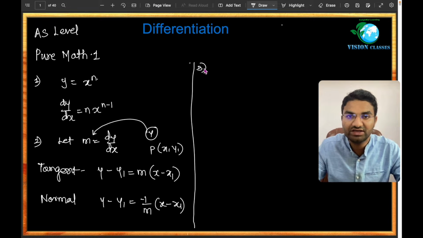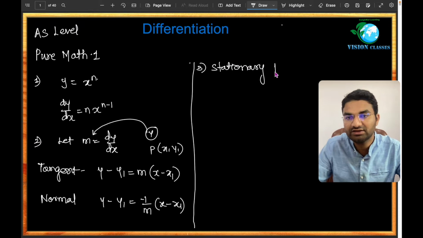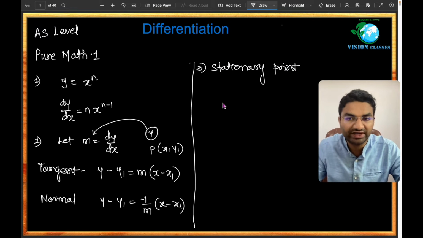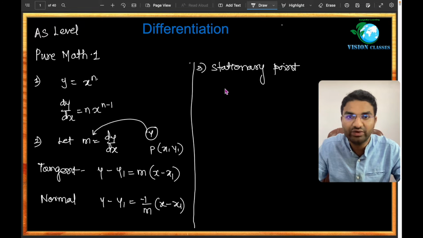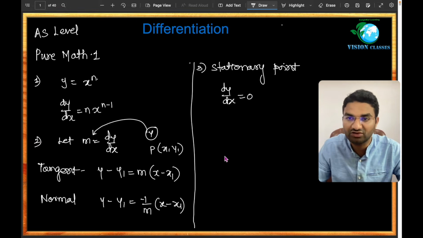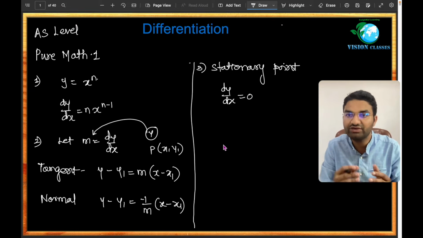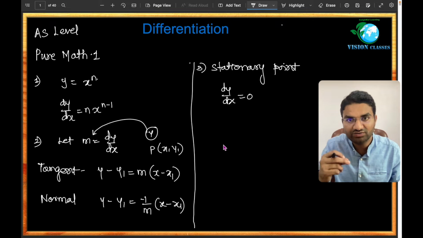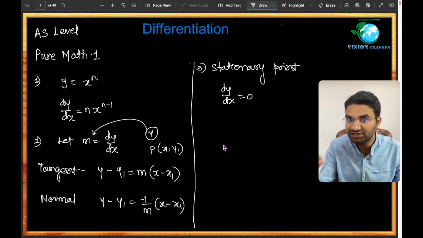And the third one is stationary points. How do you find stationary points? You have to equate the first derivative dy by dx to 0. Whatever equation is given, either cubic or quadratic, you take the differentiation of that equation and equate it with 0.